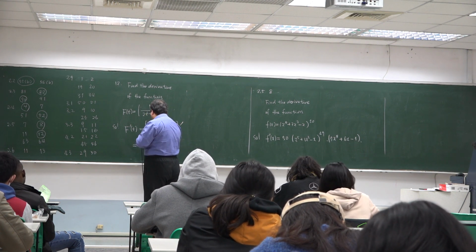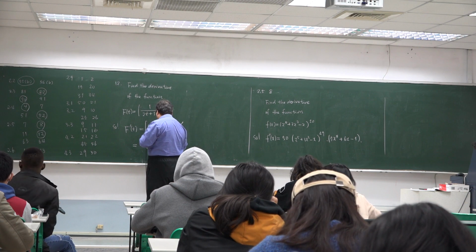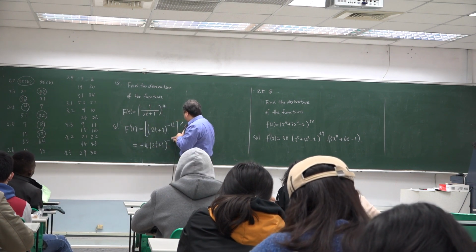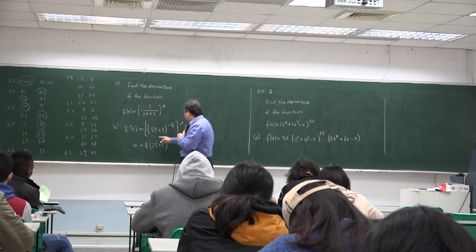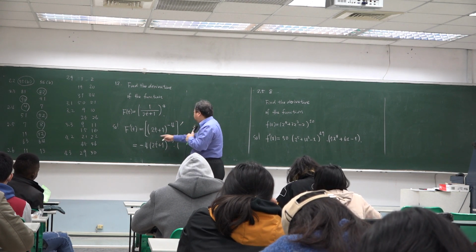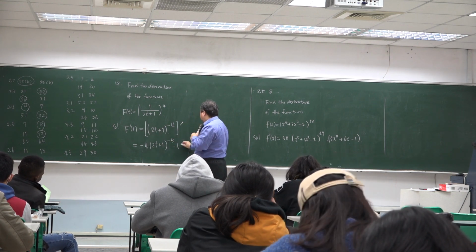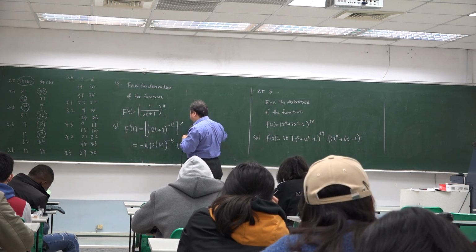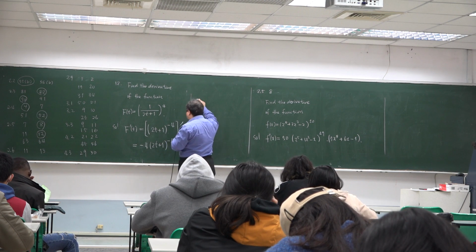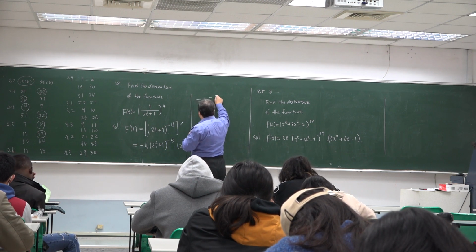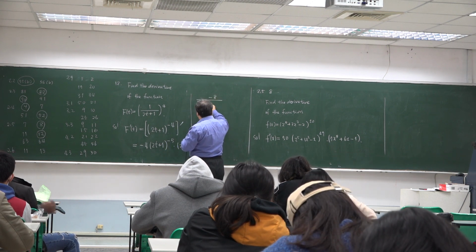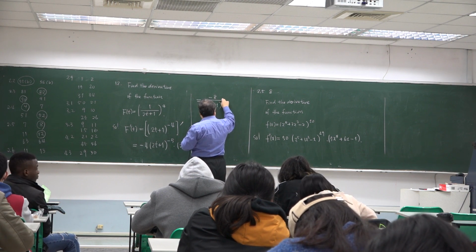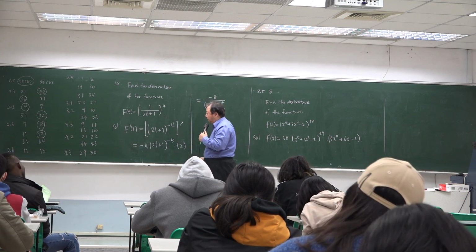So minus 4, 2t plus 1, decrease the exponent by 1, times the derivative of the inside one, 2. Good.